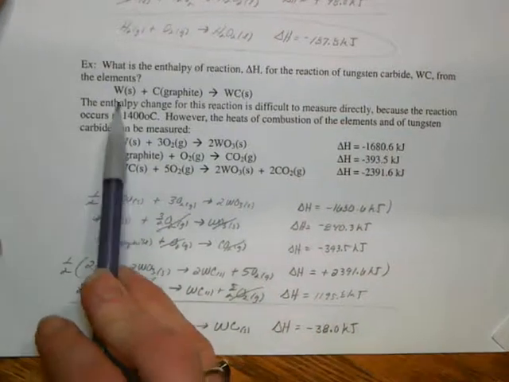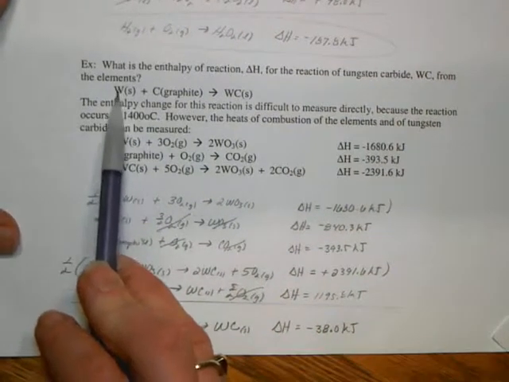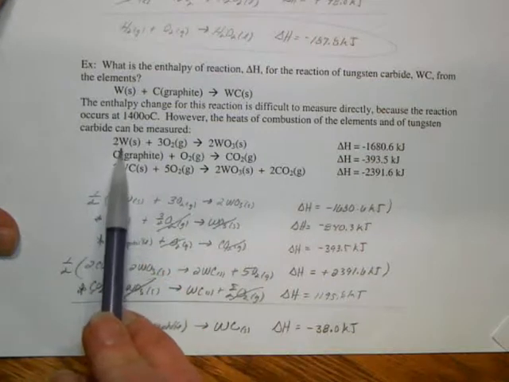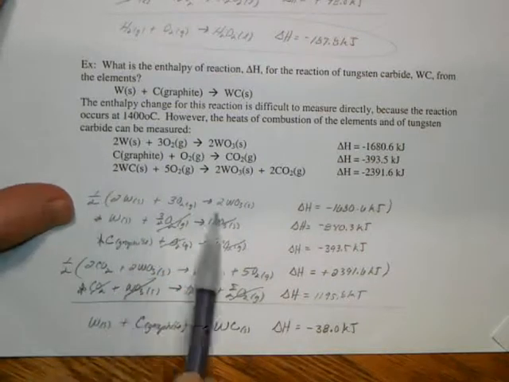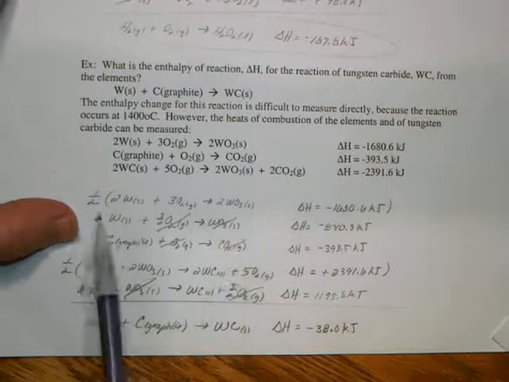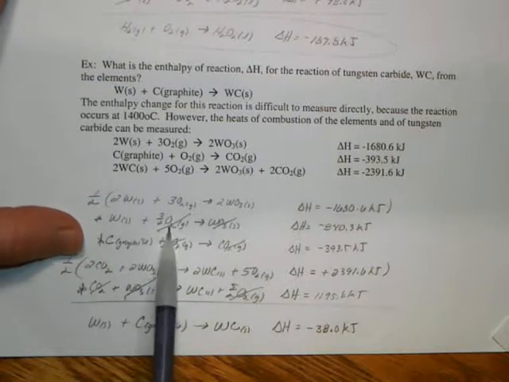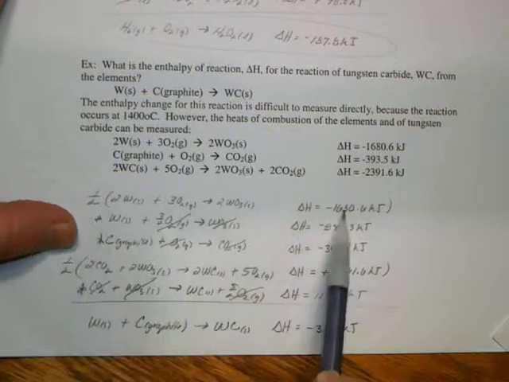So the first thing I need is 1 mole of tungsten solid. Well, this first reaction has 2 moles, so I multiply through by 1/2. And being careful if you create new fractions. So multiplying through by 1/2, I also multiply my enthalpy by 1/2.